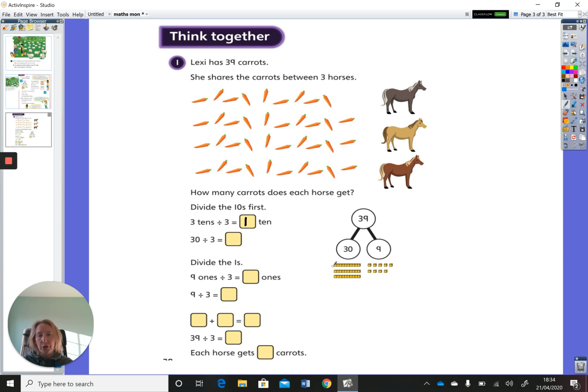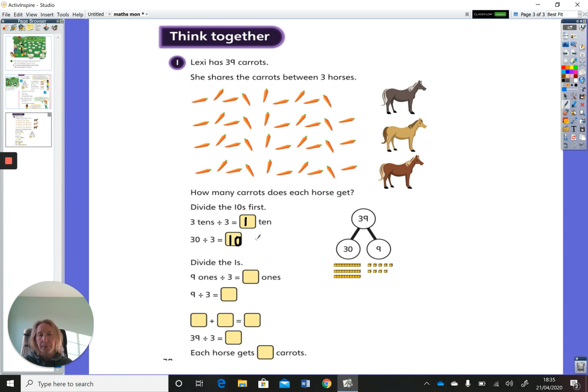If you need to, you can go back over to where our Deans' little picture is, and you can imagine giving 1 ten to the first horse, the next ten to the second horse, and the next ten to the third horse. So then we can fill in this bit where it says 30 divided by 3 is, of course, 10.